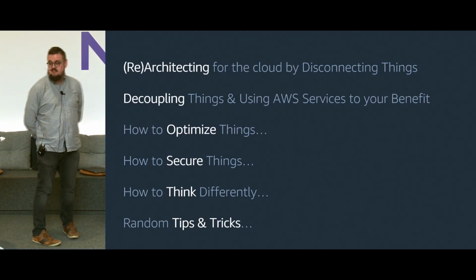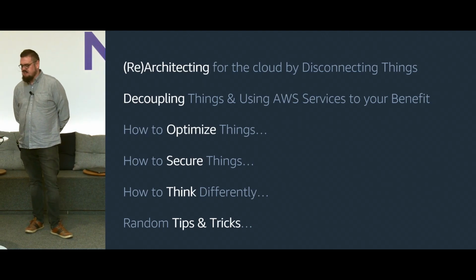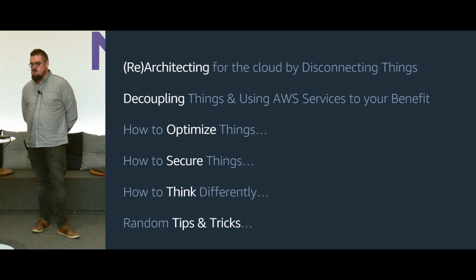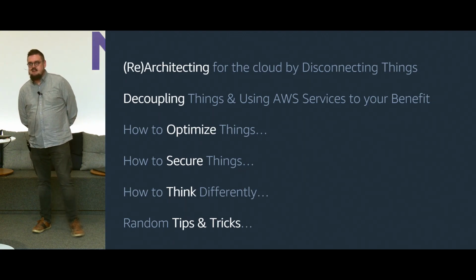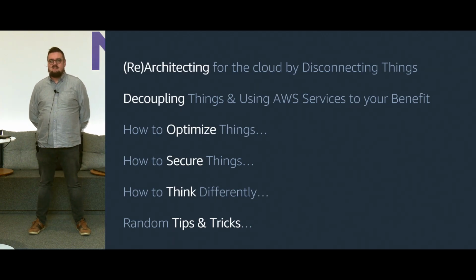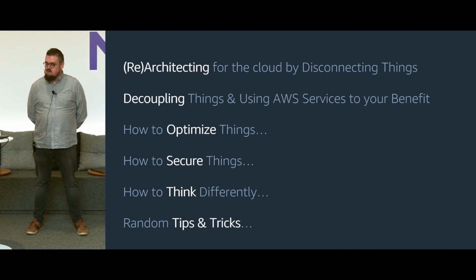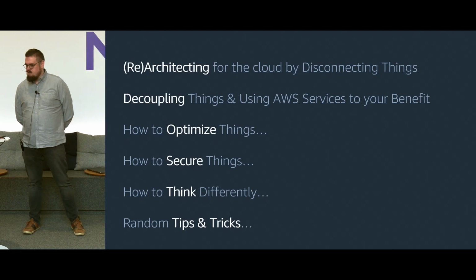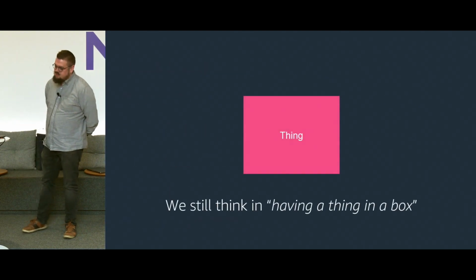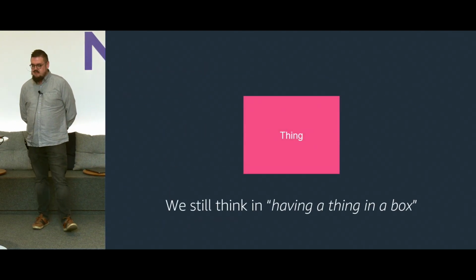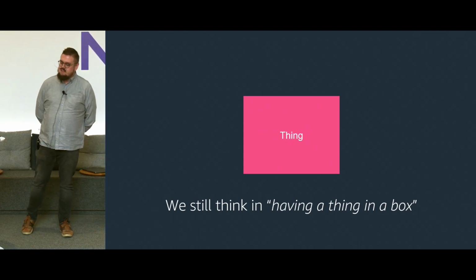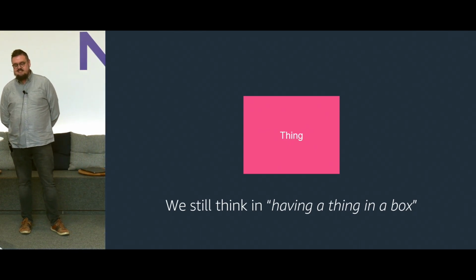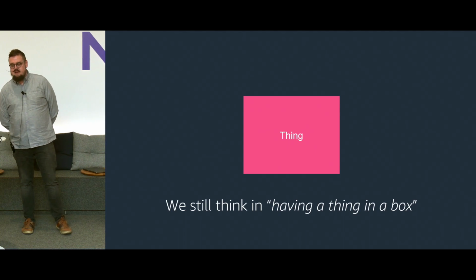It could be any of these things or probably many other things. The presentation will go to quite many places, so the topics can jump around a bit, but I hope that in the end of this presentation you will find some common thread across the things I'm talking about here. And in essence, I'm talking about this: we still think of having things in a box.